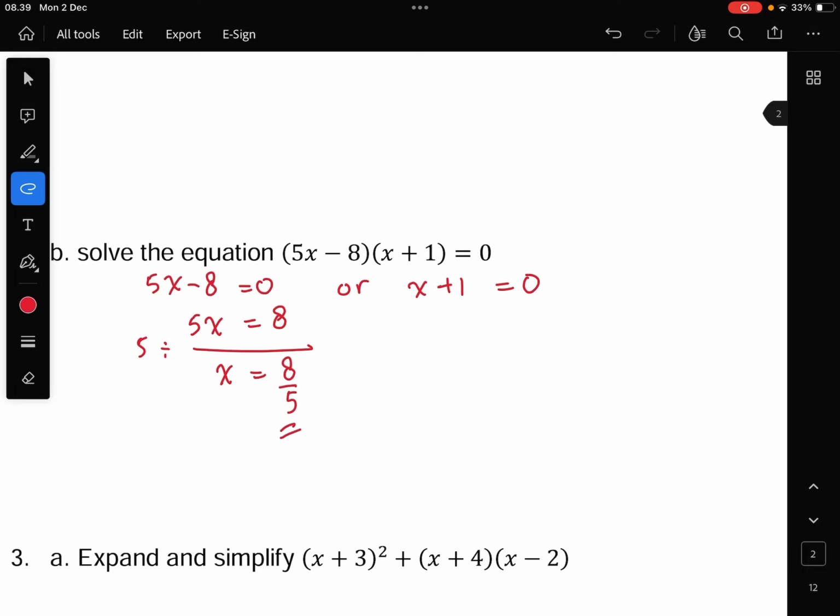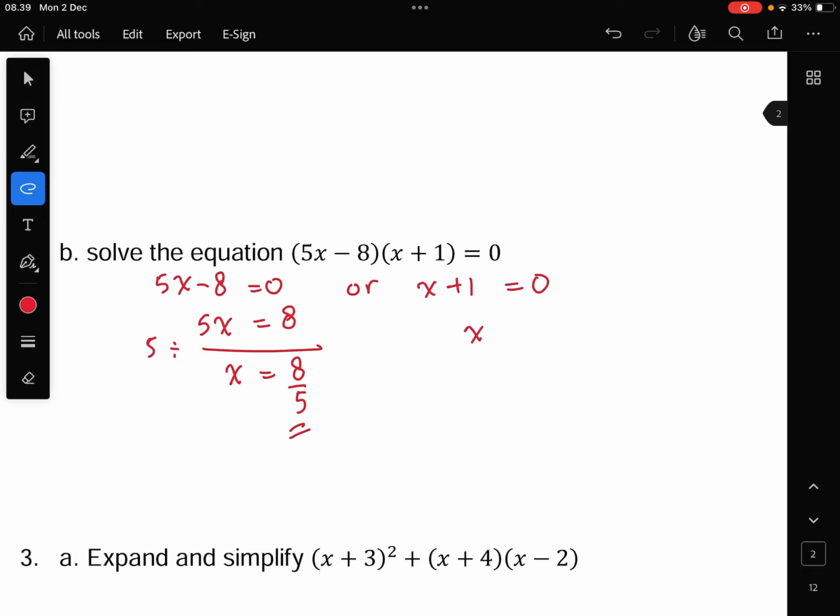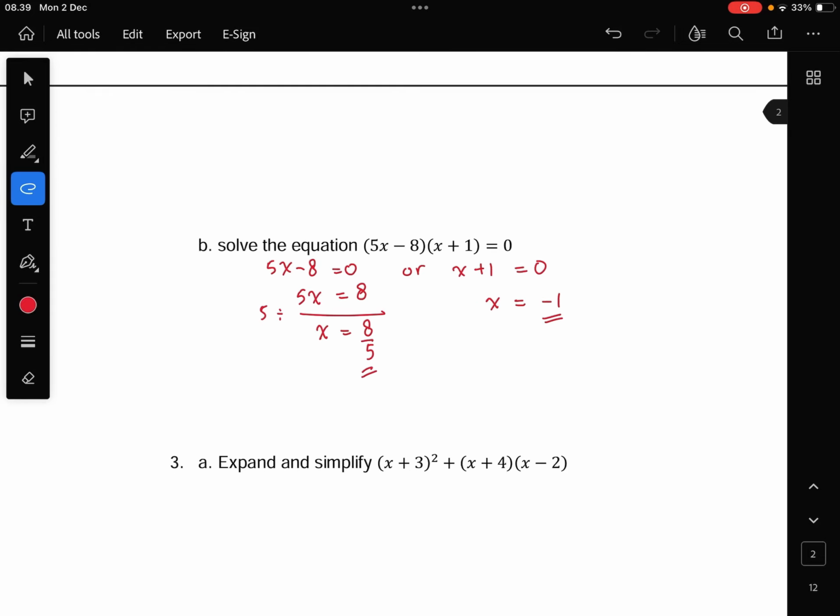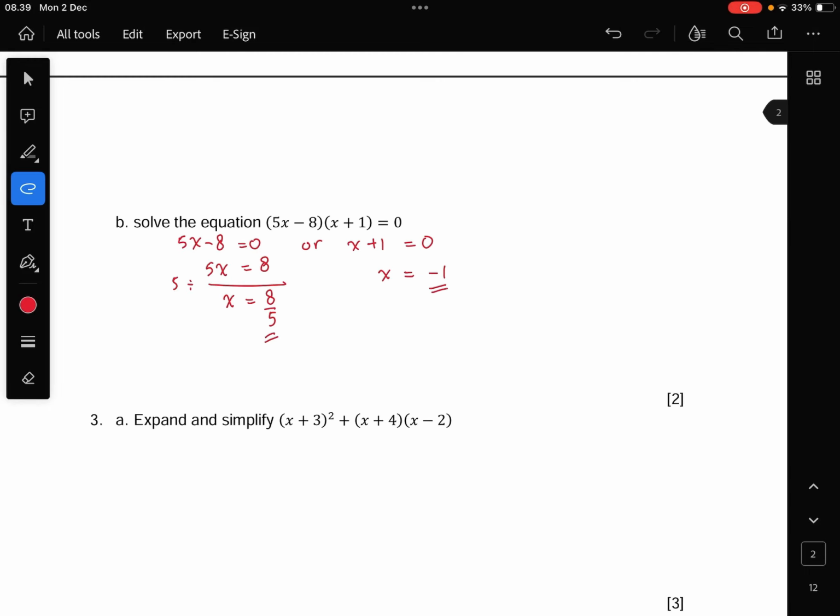Done. The other side, x plus 1 equals to 0, so x is equal to negative 1. Done. So you have two possible answers here. That's why you have 2 marks.